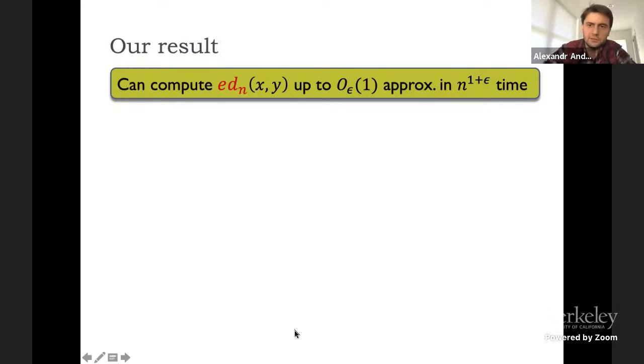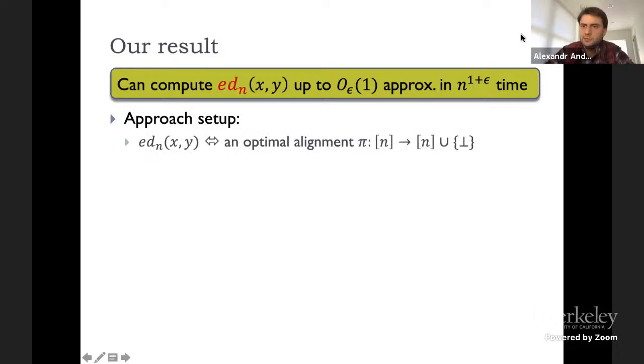All right, so let me talk about the approach setup, and again, feel free to ask me questions. Now it becomes more serious. First of all, think about this as a characterization of edit distance that will be useful for us later on. Edit distance is the same as finding an optimal alignment between characters of x and y.